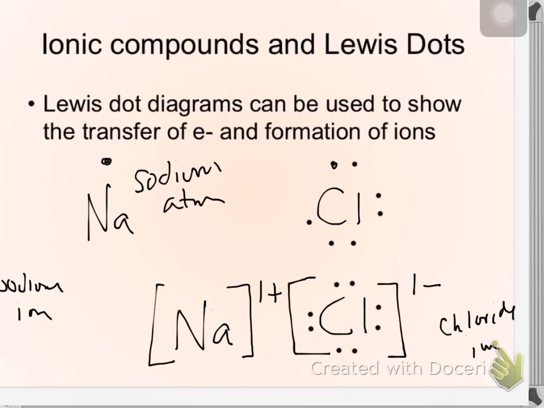So typically, for positive ions, how many valence electrons will you be showing? Here is the magnesium atom.